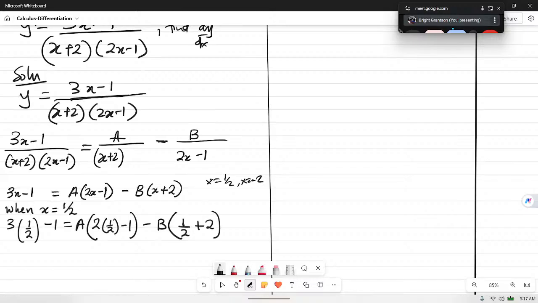So if this cancels this, you can simplify. 2 times half. So 3 over 2 minus 1, 1 over 2, that's half, is equal to. What do I write here?